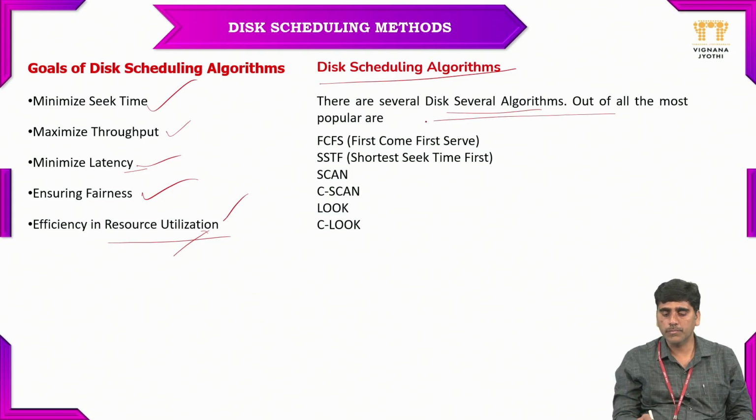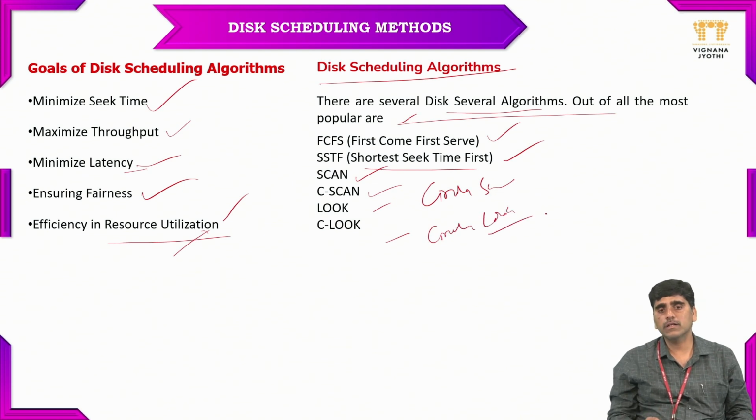Out of all, the most popular are first come first serve, FCFS, first; shortest seek time first, second; scan algorithm, third; C-scan, that is circular scan, fourth; look algorithm, fifth; and C-look, that means circular look, sixth.